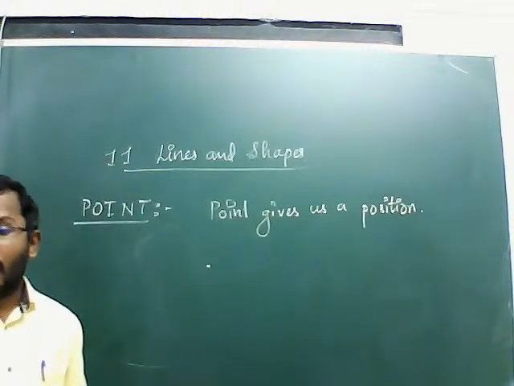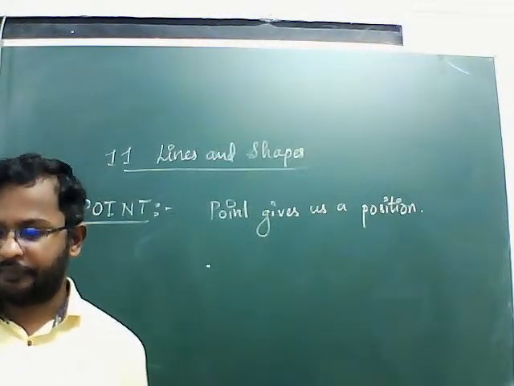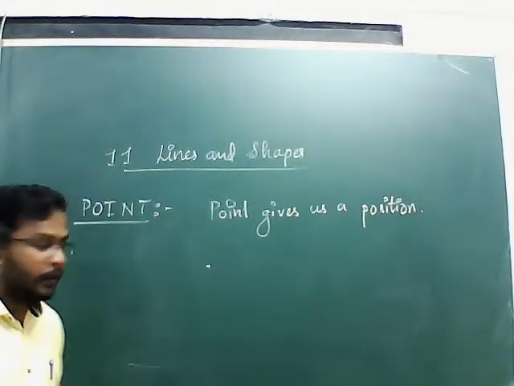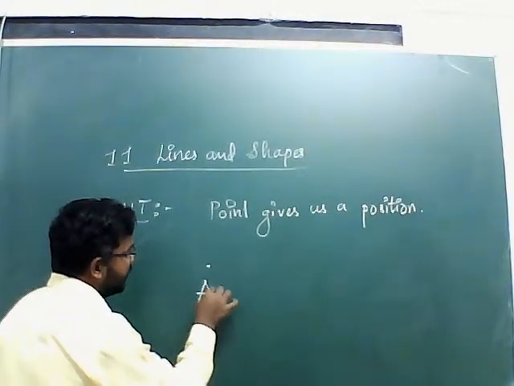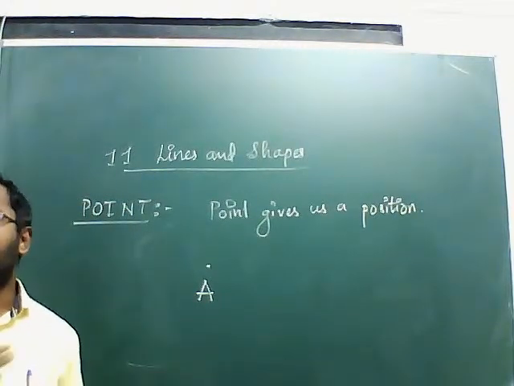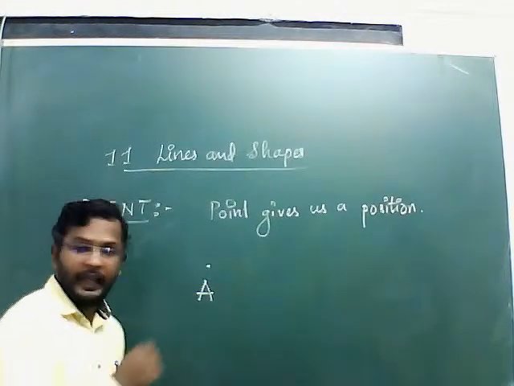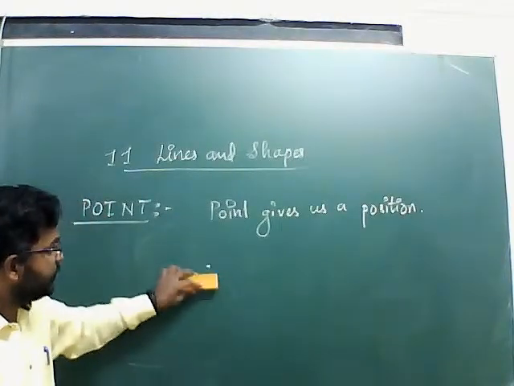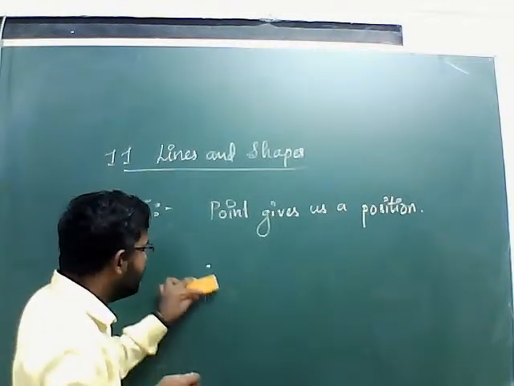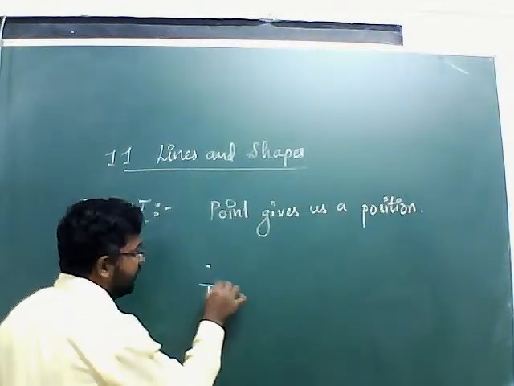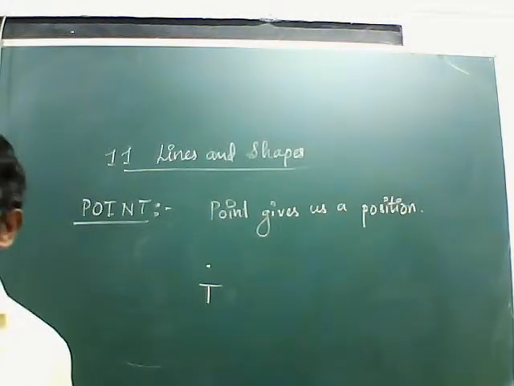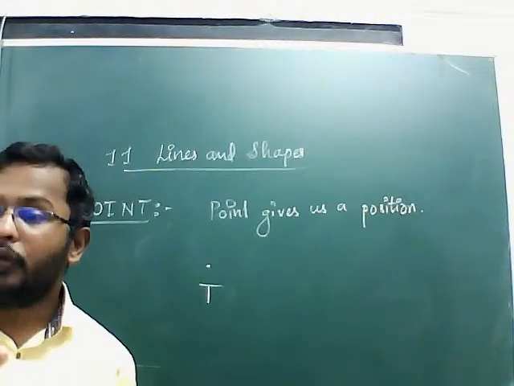Okay, so now how to name these points? In order to name these points, we can use capital letters. You can use any capital letter, like A, or P, or T. We have to use capital letters to name the points.